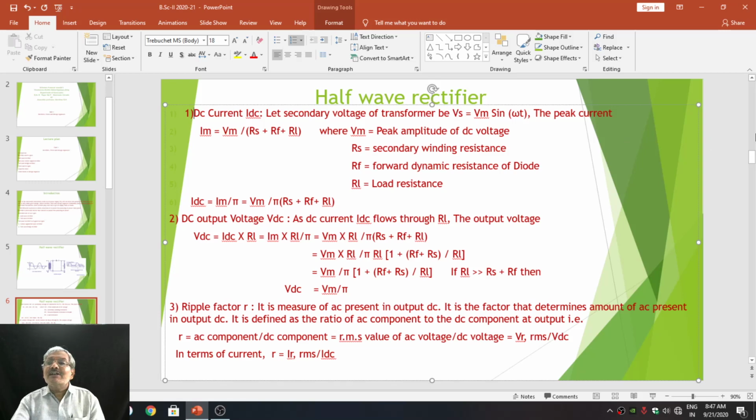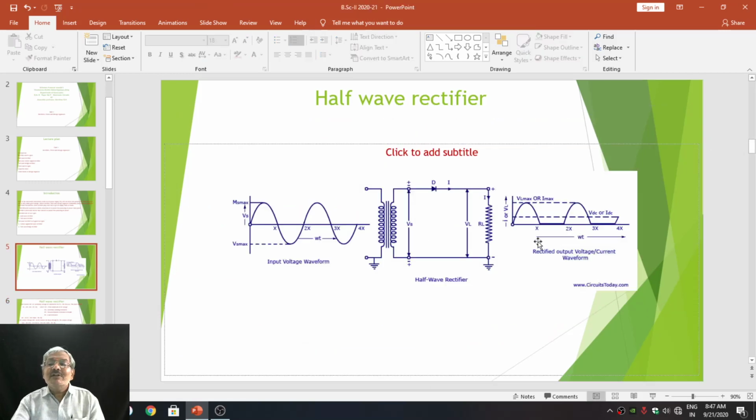With the graphical representation, we can say this is Vm, the maximum voltage. If you are dealing with AC, Vs is equal to Vm sine of omega t.